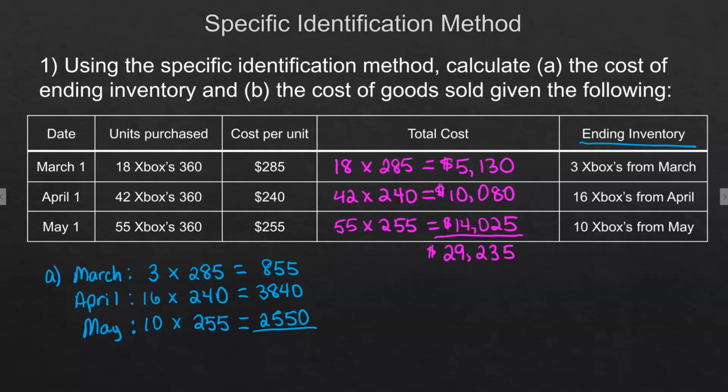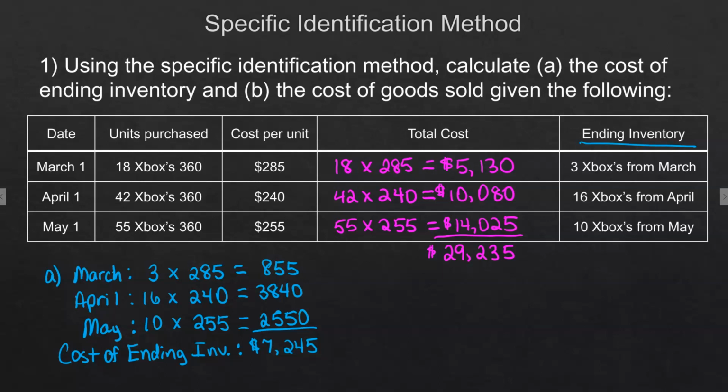And this is our ending inventory. So cost of ending inventory, I'm just going to abbreviate that, will be, we just total those up, $7,245. So that's how we find the cost of ending inventory.